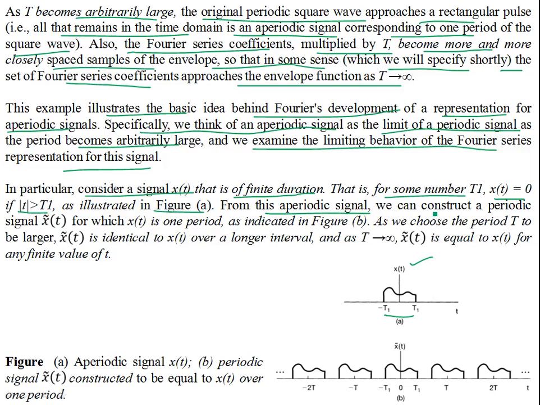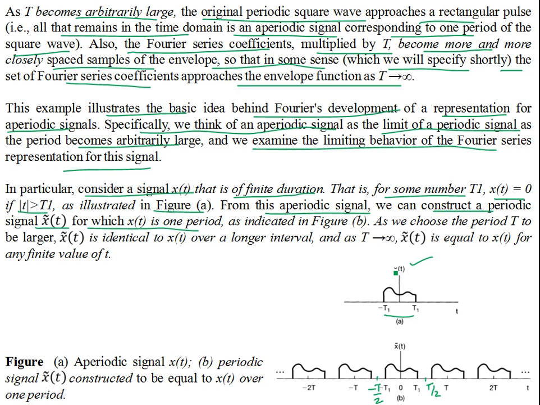So from this aperiodic signal, we can construct a periodic signal x tilde(t), for which x(t) is one period. So you see, x tilde(t) is periodic with period capital T, and as you move T to plus or minus infinity, then x tilde(t) becomes x(t) as a limit. X tilde(t) is periodic, but x(t) is aperiodic. The difference is that the period is infinity.